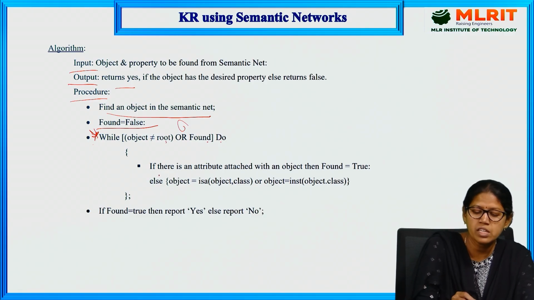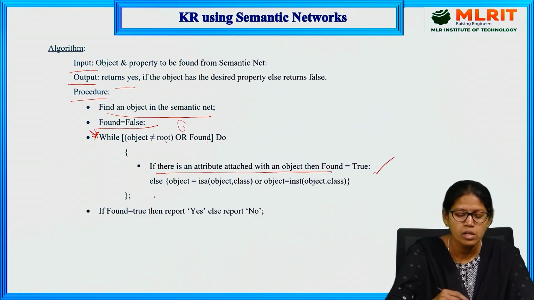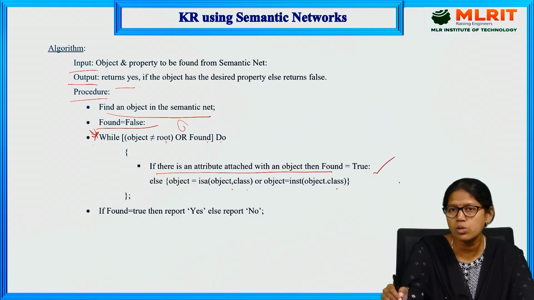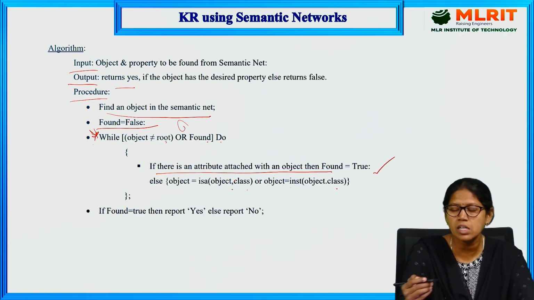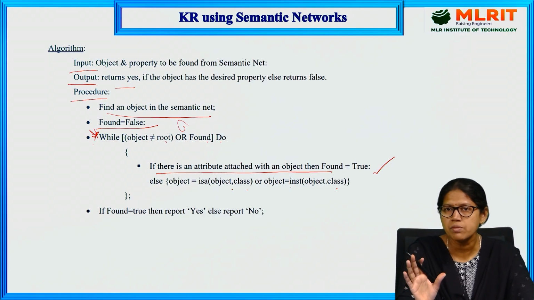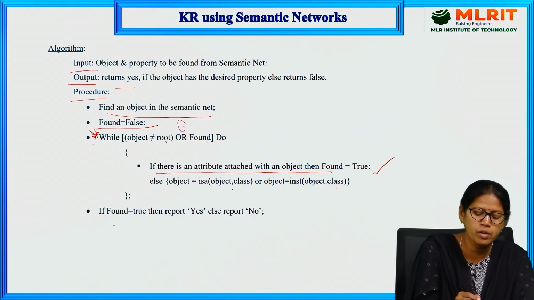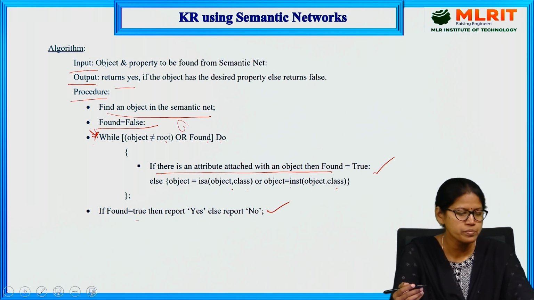Then if there is an attribute attached with that object, then found equal to true, else object equal to inst object dot class, and keep on repeating the same procedure until we find whether that specific object contains the property or not. If found equal to true, then report yes, otherwise return no.